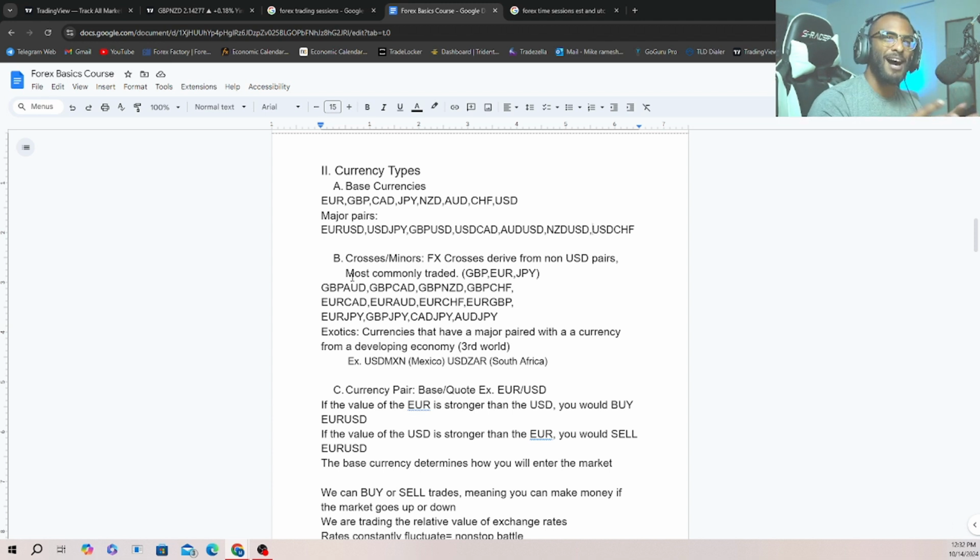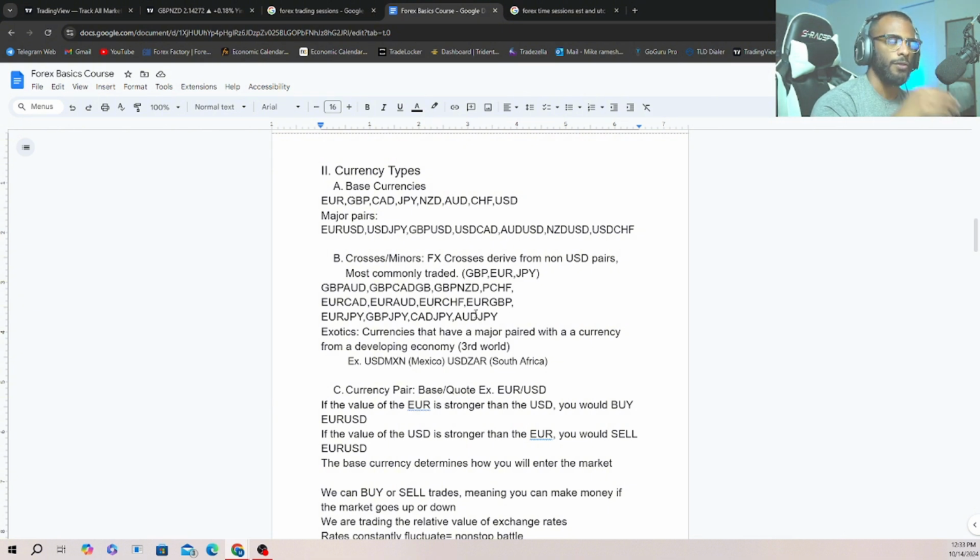So it's different combinations of minors with one another, and with a minor and a major. So let me see. We have pound Australian, pound Canadian, pound New Zealand, pound Swiss franc, euro Canadian, euro Australian, euro franc, euro pound, euro yen, pound yen, Canadian yen, Australian yen, so on and so forth.